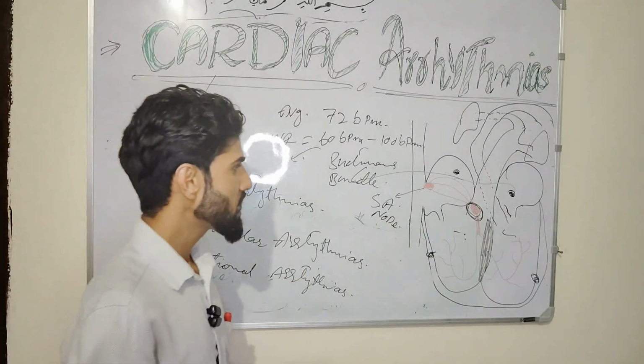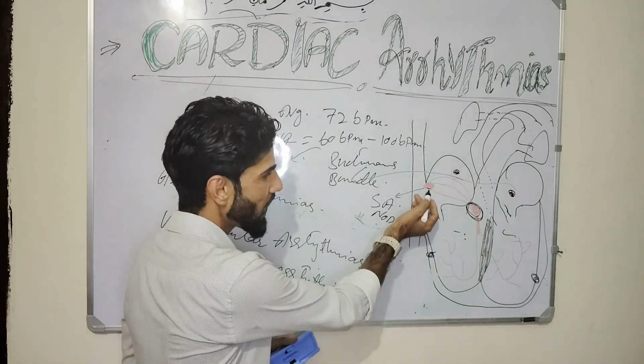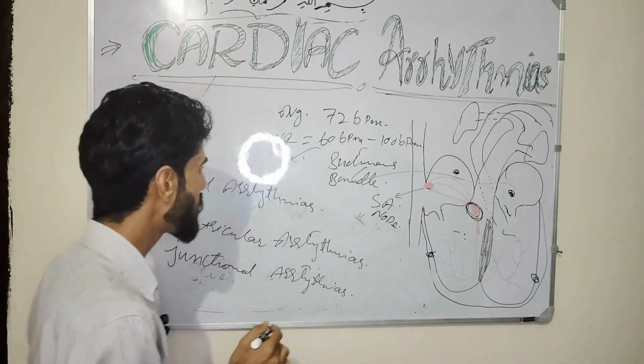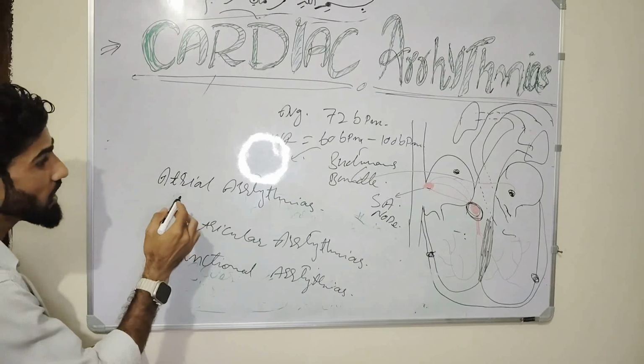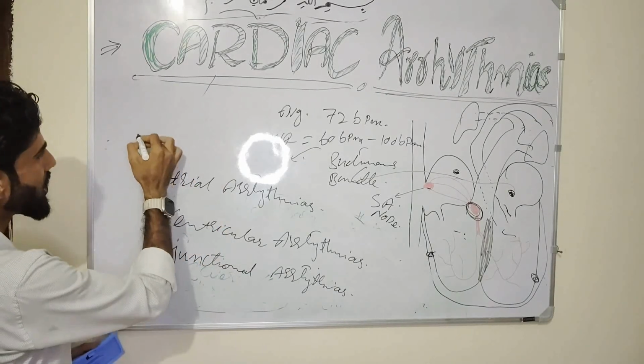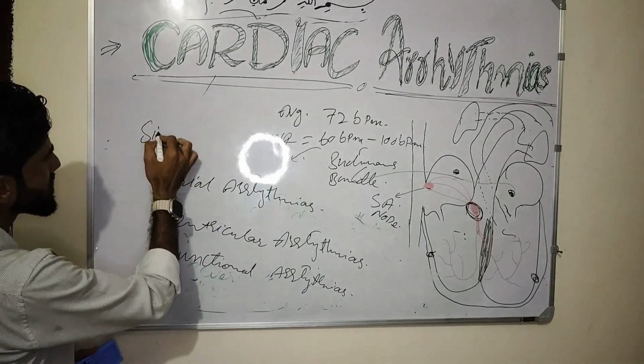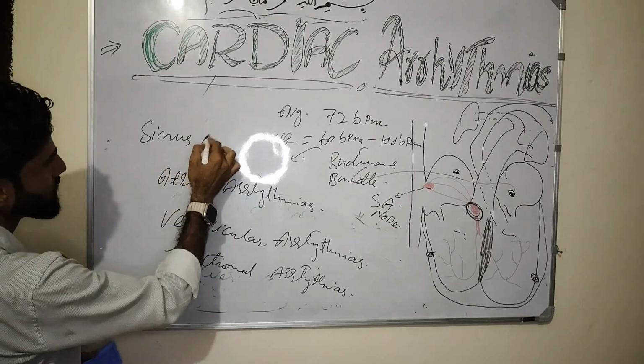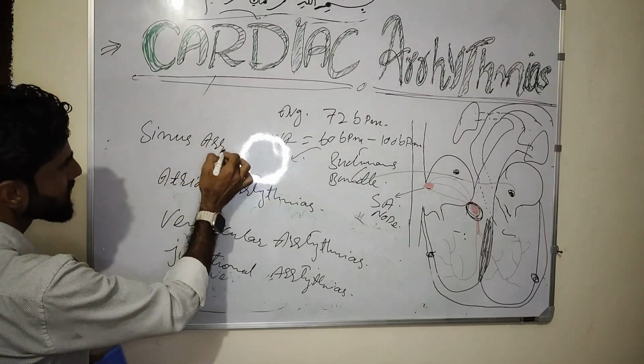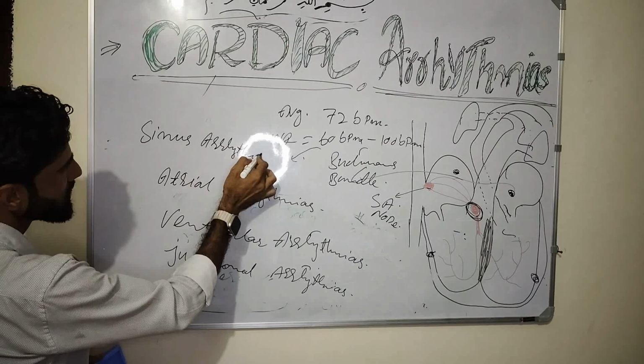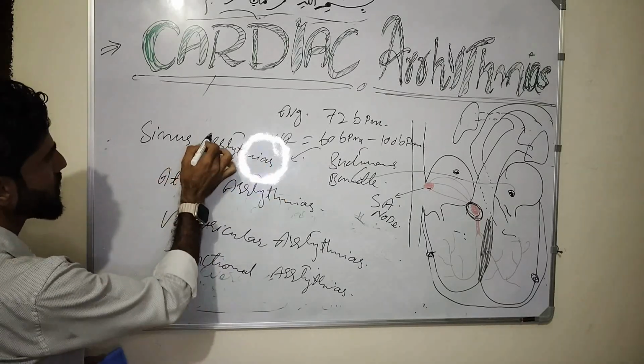And if the arrhythmias are happening in the SA node, those are called sinus arrhythmias.